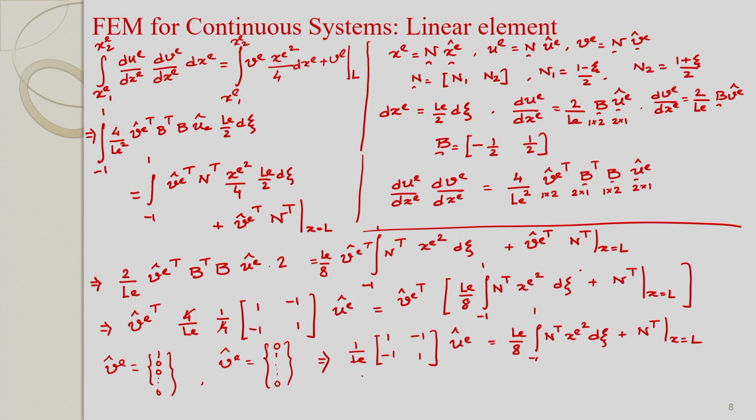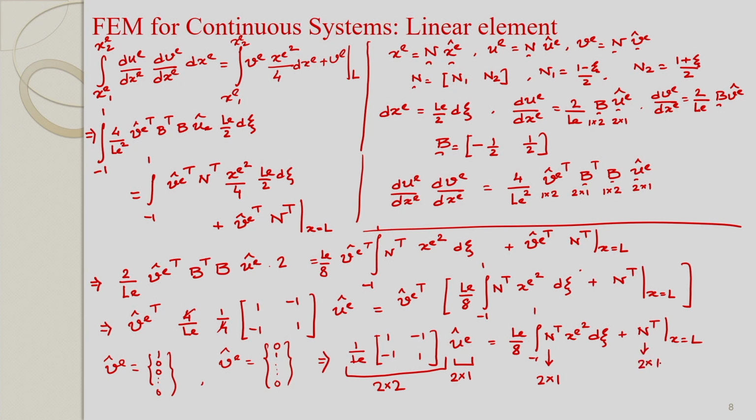So, here you can see this quantity is a 2 cross 2 matrix, this is a 2 cross 1 vector, this N transpose is also 2 cross 1 which is multiplied with scalar quantity, this is also 2 cross 1.